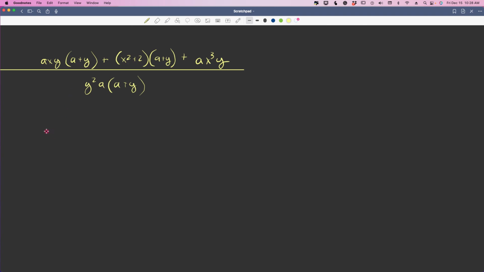If we simplify this, we get a squared xy plus ax y squared. That's this first bit. Plus, then we're going to get ax squared plus x squared y plus 2a plus 2y.